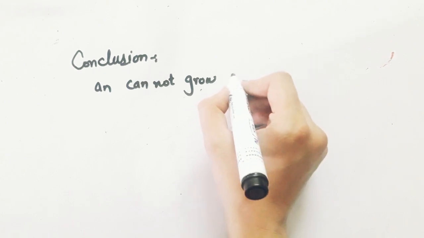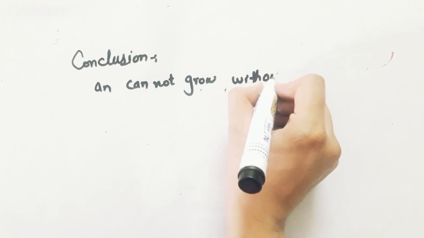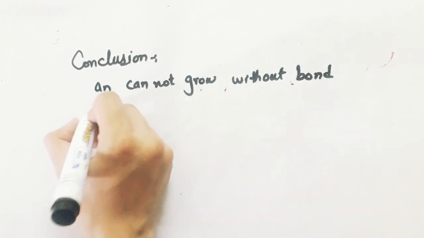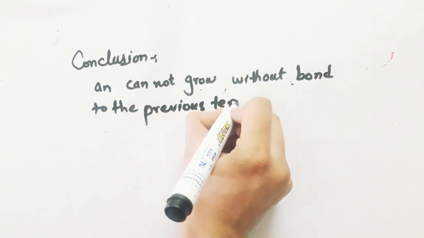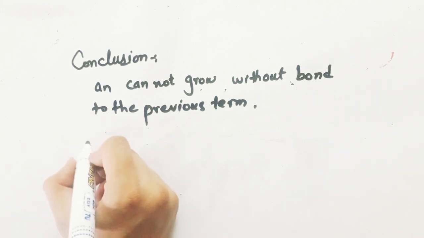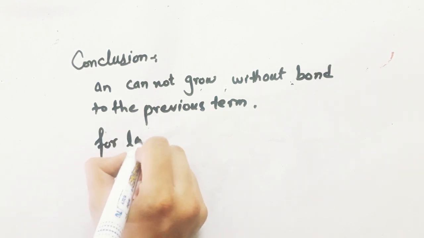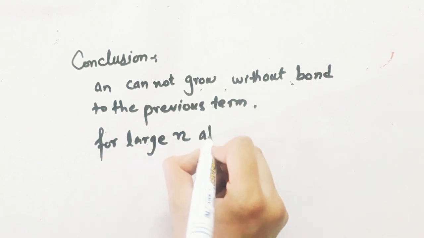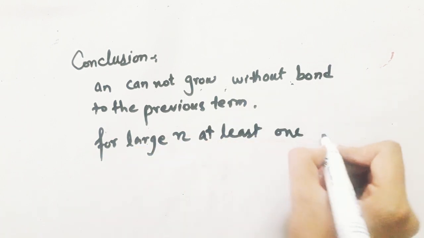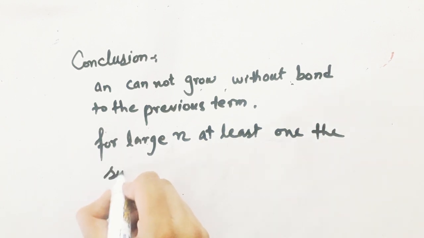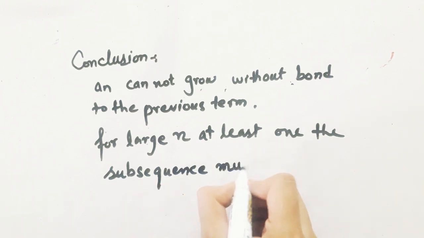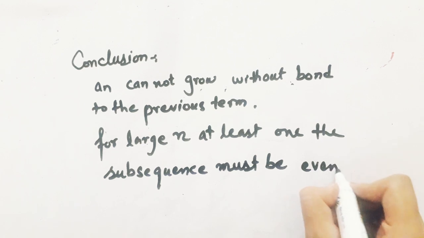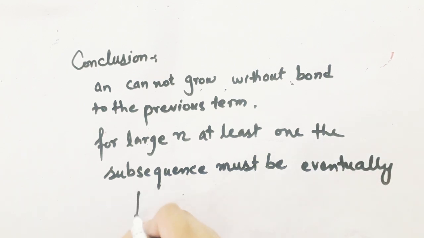So we will say that for large values of n, at least one of the subsequences must be eventually periodic. So this is the final result.